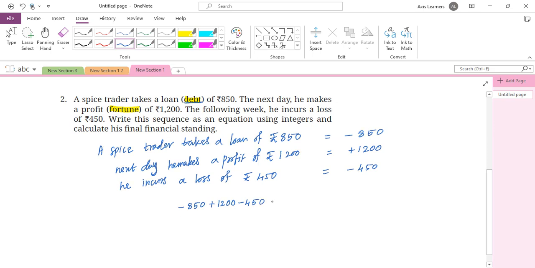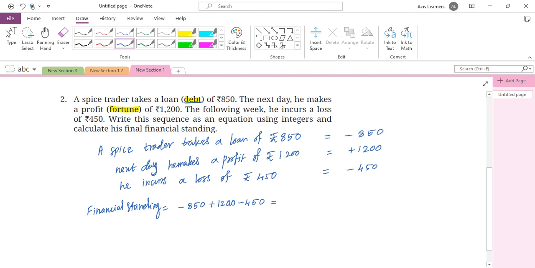So this is the equation. Financial standing is equal to minus 850 plus 1200 minus 450.